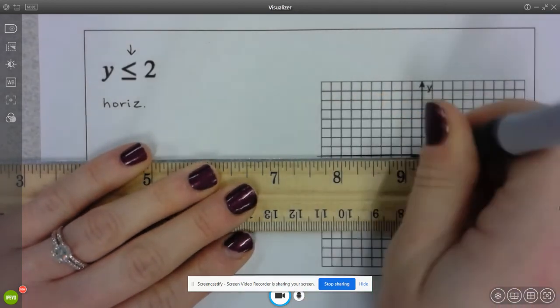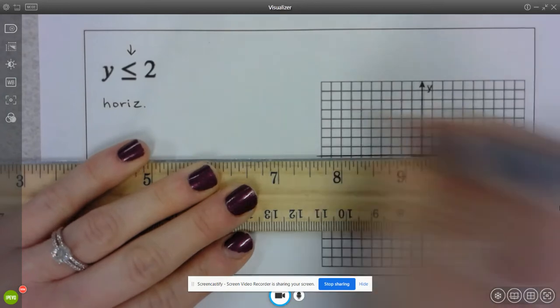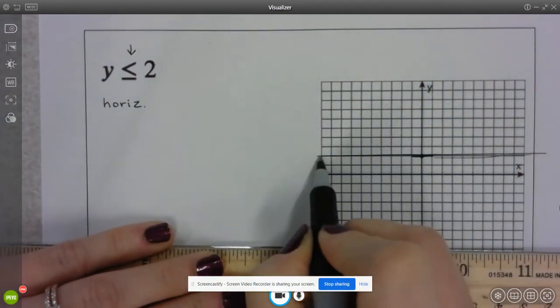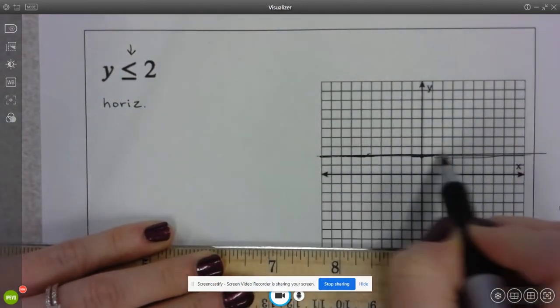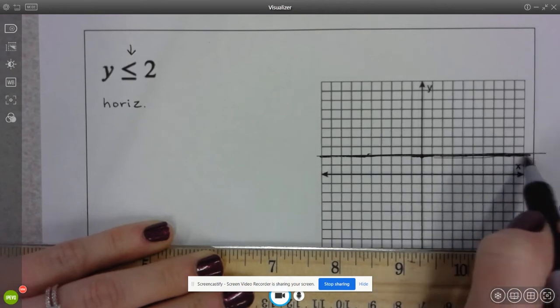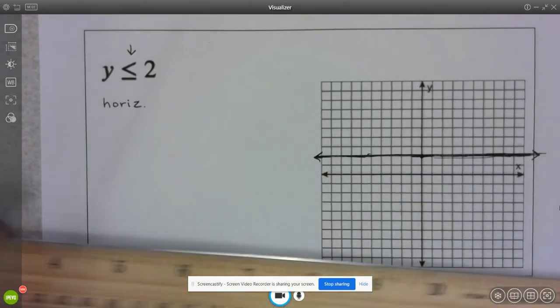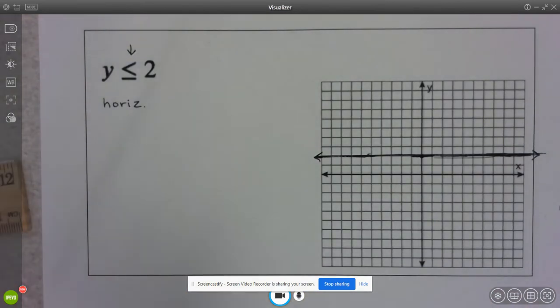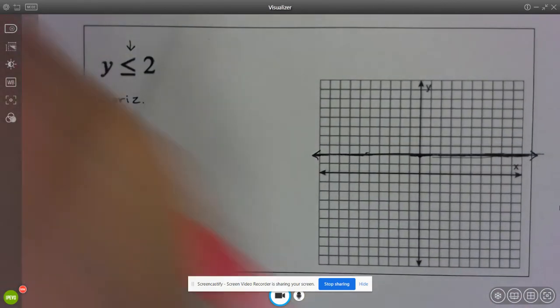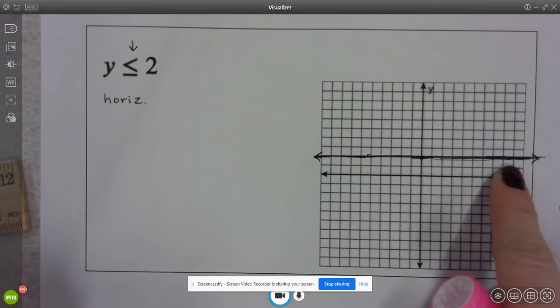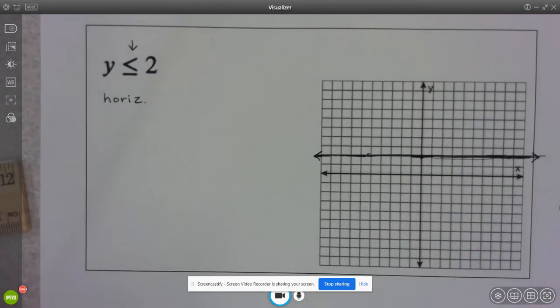If I could draw a straight line using a ruler. We'll just pretend that that actually went through all of these. We'll make it work. So all of the points on this line are also included as part of my solution.